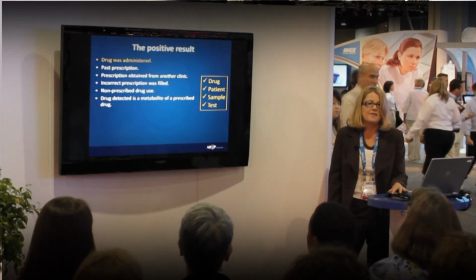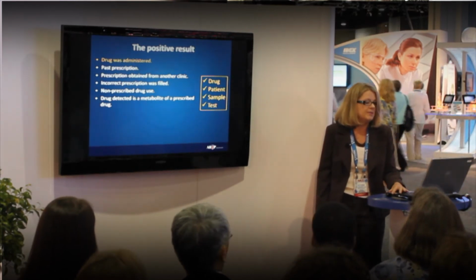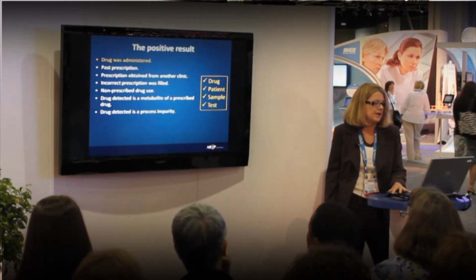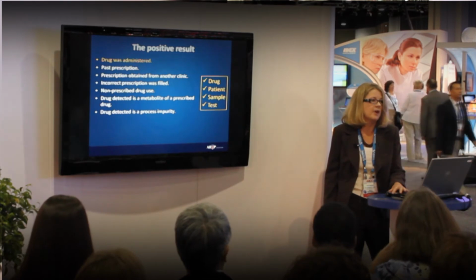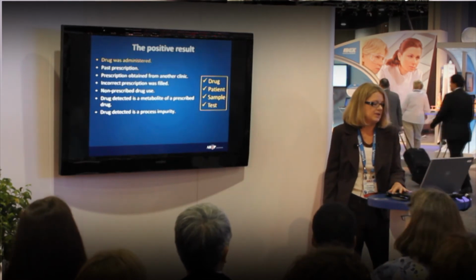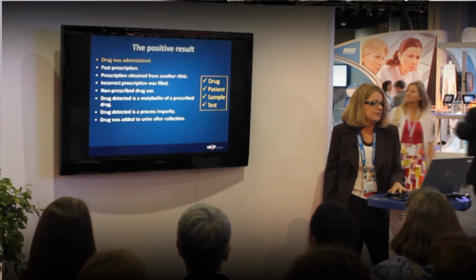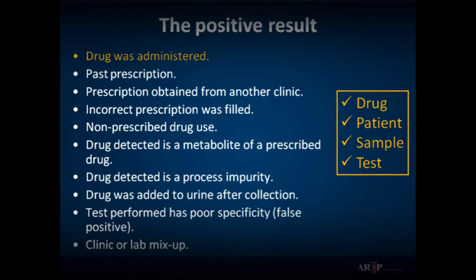Some things we might not think about is that the drug that was detected in the confirmatory test may be a metabolite of a prescribed drug. And I'll give you an example of that. It's also possible that it may be a process impurity of the pharmaceutical product itself. And I'll give you an example of that as well. It's also possible that the patient is trying to mimic compliance and so is adding drug directly to the urine.